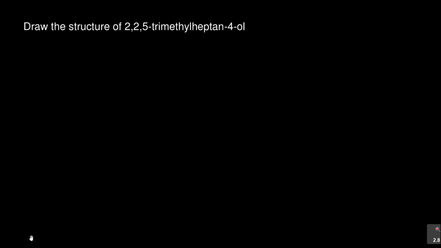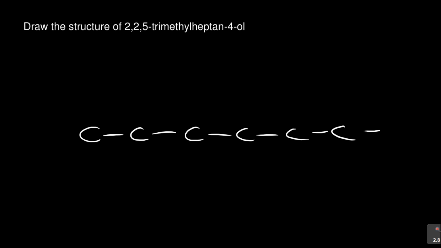Hept means heptane, 7. So it's 1, 2, 3, 4, 5, 6, 7. We usually read from left to right, so that's why I maintain it like this, but it's not a must.